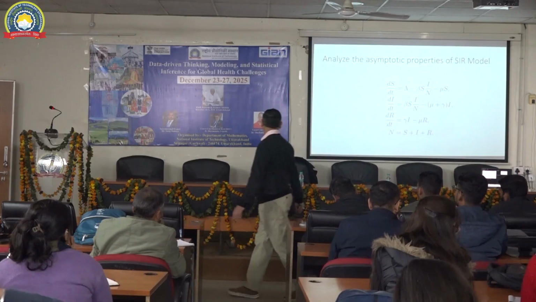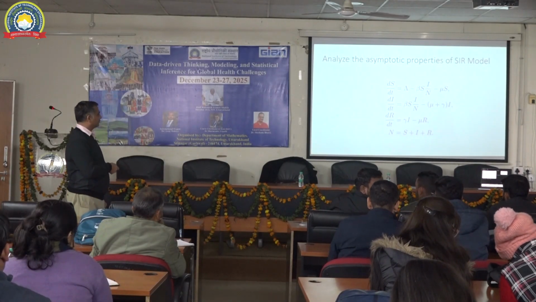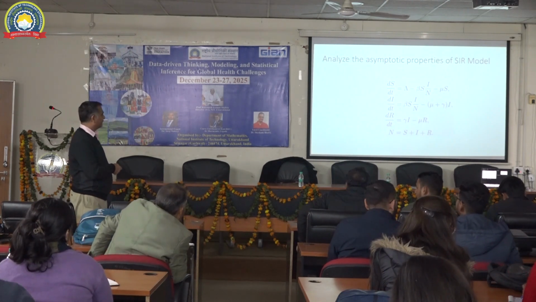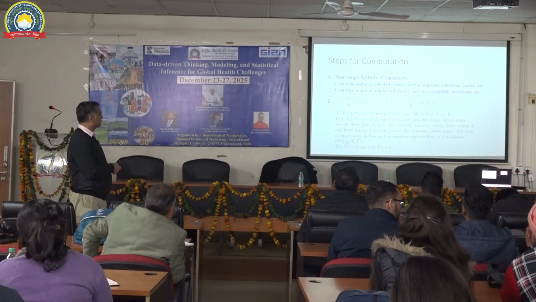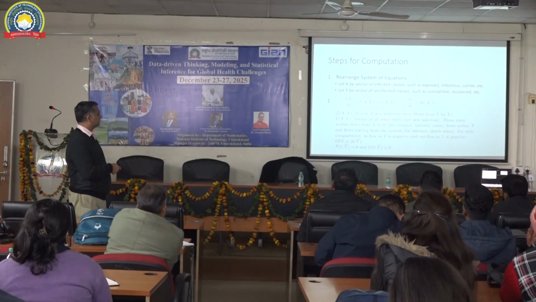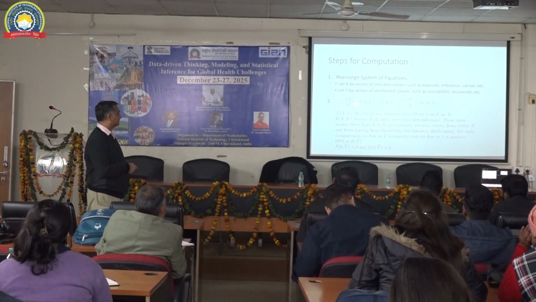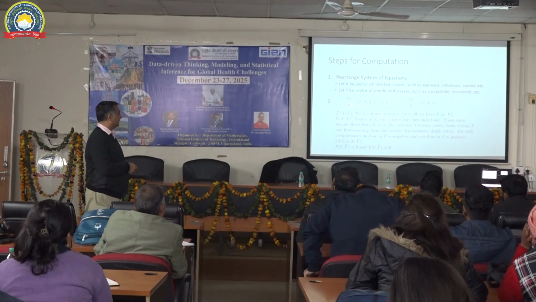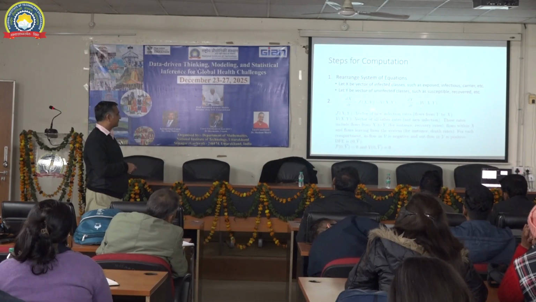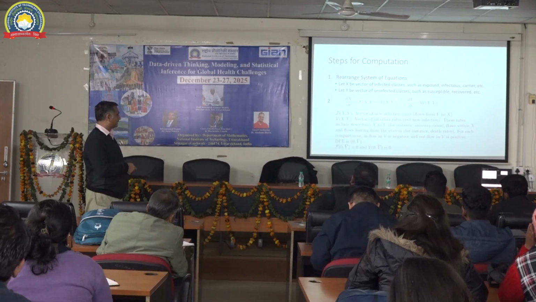So if this is the system, SIR system, we want to compute a reproduction number for that, then we follow the same steps. So we rearrange the system so that X is the infected states and Y is the uninfected classes. So first you rearrange it, and then you only take X. This X is the infected compartment, and then you calculate F and V from there.